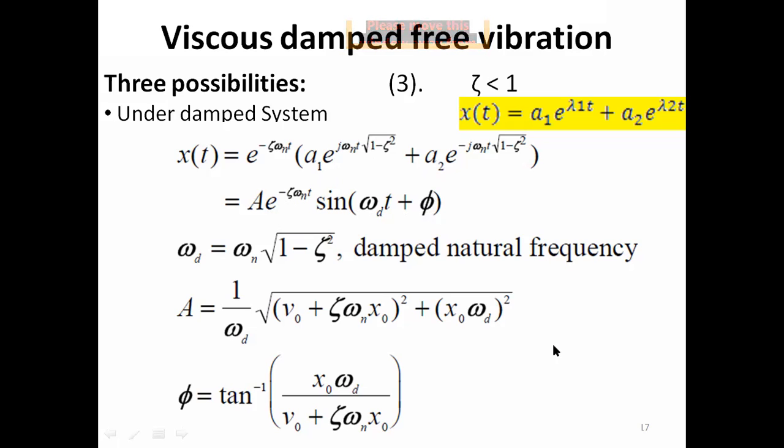So using the initial conditions, that is x of 0 is equal to x naught and x dot of 0 is equal to v naught, by putting those initial conditions one by one in this response equation, A would be equal to 1 over omega d under the root of (v naught plus zeta omega n x naught) whole square plus (x naught omega d) whole square, and phi would be tan inverse of this quantity. So if you look at the equation, very easily we could see that the response again would depend upon the initial conditions.